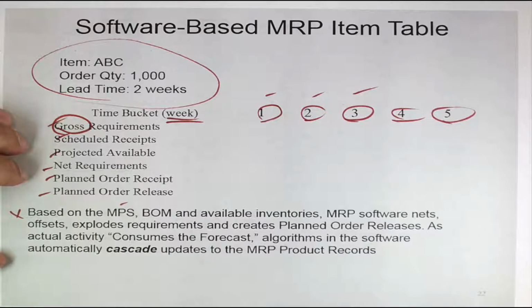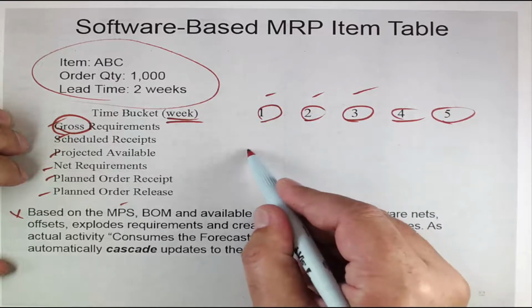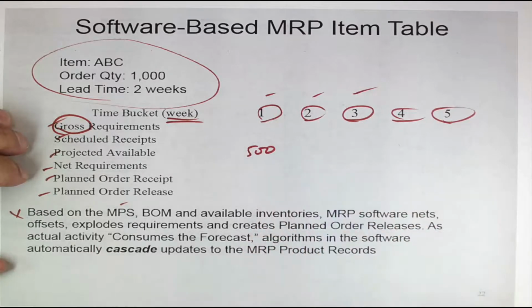However, in the business world, it's almost always going to be the case that we're going to have some inventory of item ABC on hand already. So whereas the production schedule might be telling us that we need 1,000 units of item ABC in period 1, if we have 500 units laying about, what we really need, our net requirement, is actually 500.